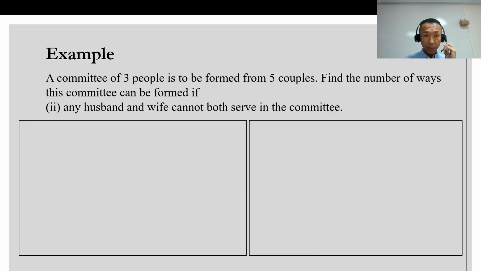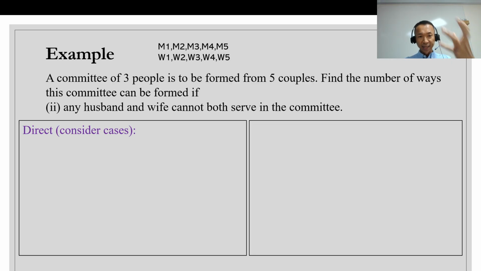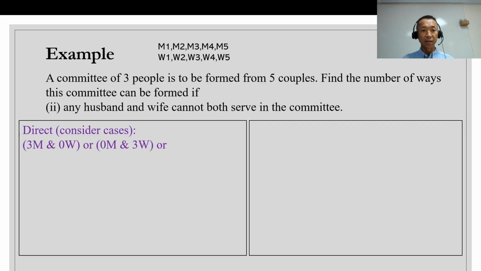Okay? Let's look at part 2. This time, the restriction is that any husband and wife cannot both serve in the committee. Again, we can write it out like that. Let's consider the direct cases. Meaning to say, I could have 3 men, or 3 women.